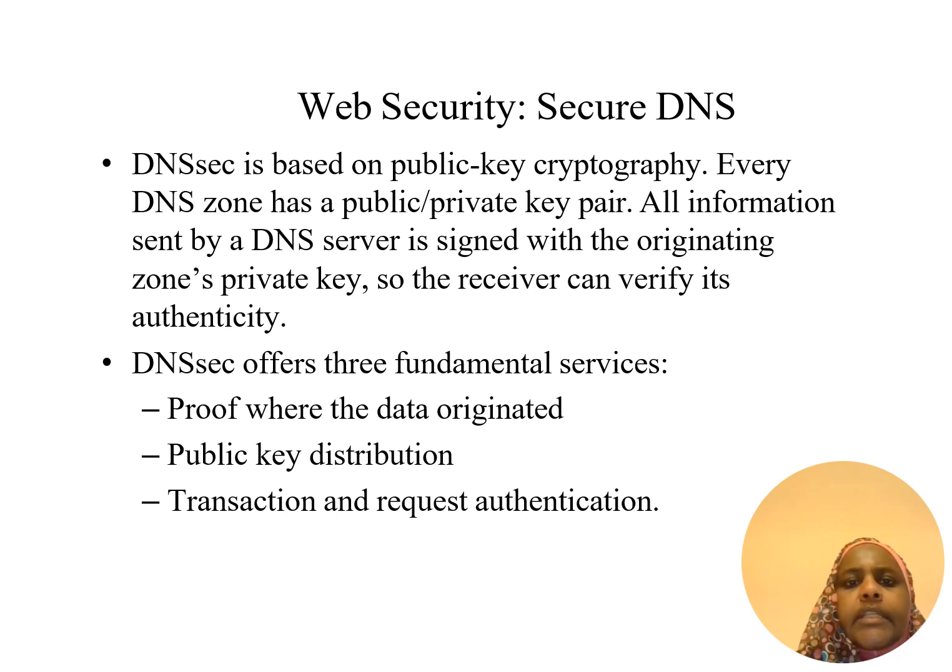Secure DNS is based on public key cryptography, where each DNS zone has a public-private key pair, and information is sent to the server signed with the originating zone's private key. So it's decrypted by its public key, and that's how the receiver will verify the authenticity of the message.